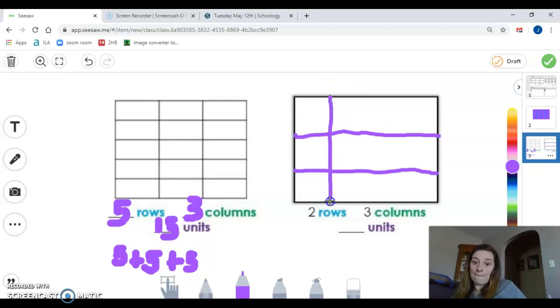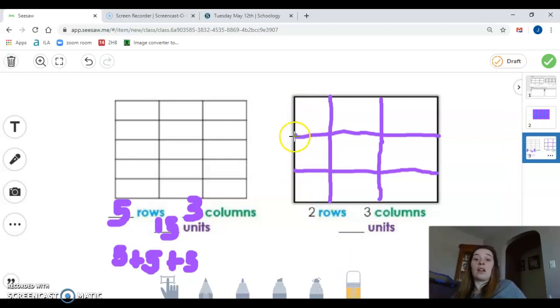1, 2, 3. I did that wrong. Because how many rows do I have? 1, 2, 3. Whoops. I made a mistake because I wasn't paying attention. I thought I needed to make 2 lines, but I don't.